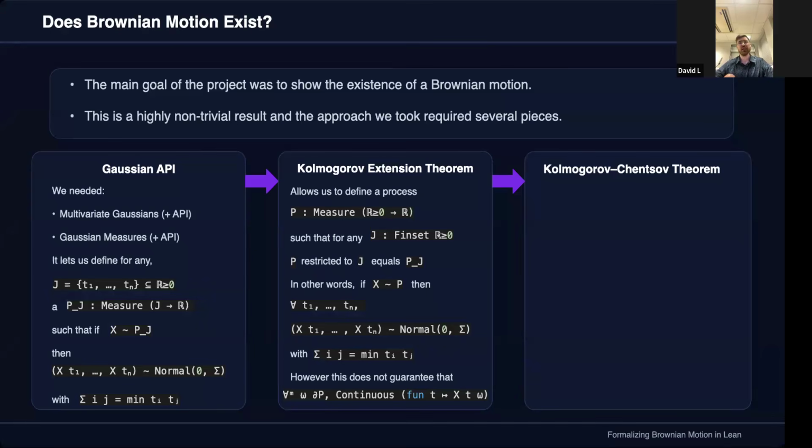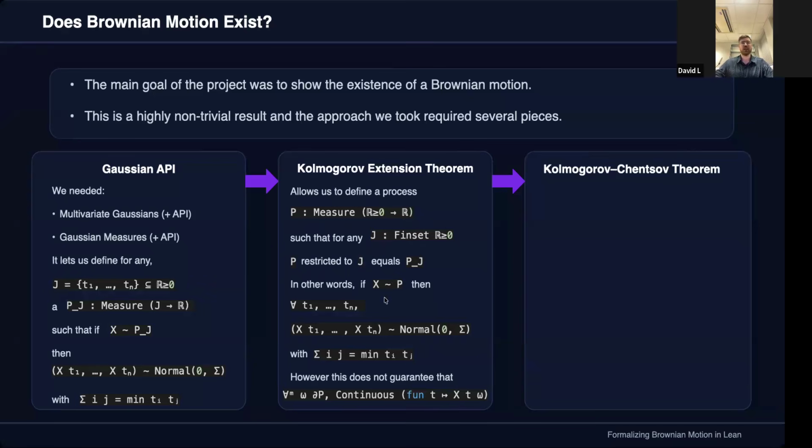In particular, it's stated in a much more general way in the actual theorem in the project. But what it lets us do is say that we can define a measure P such that it has the right finite dimensional distributions. In other words, for any finite set J, if we restrict P to J in the reasonable sense, which you could make precise, then it equals P_J.